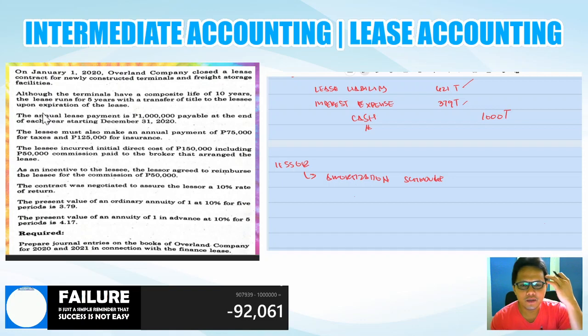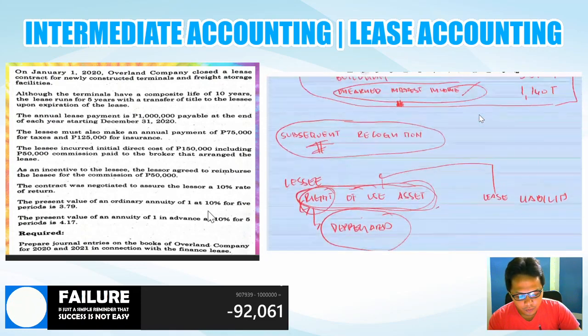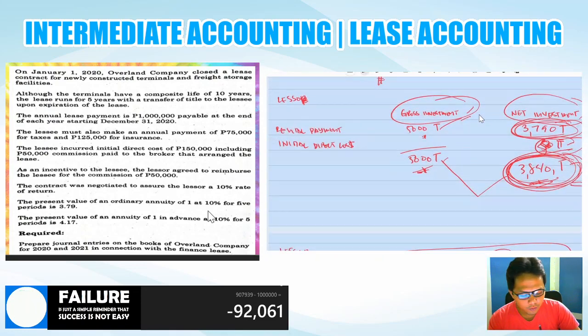However, medyo naging komplikado ito. Bakit? Because we cannot use, okay? We cannot use this 10% as our basis for the interest income of the lessor. Why? Because if we go back to our computation of this, diba?